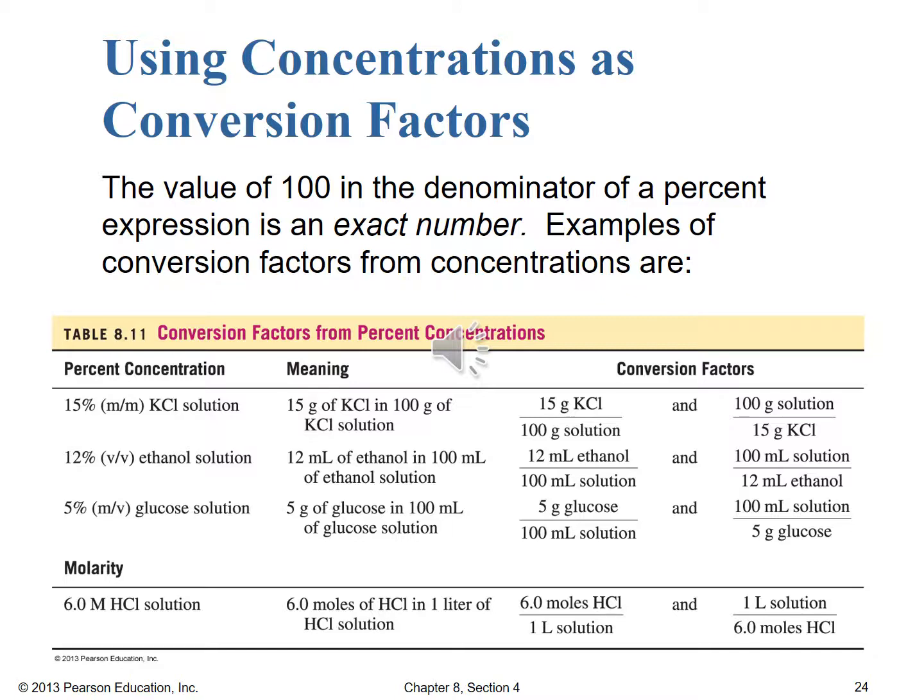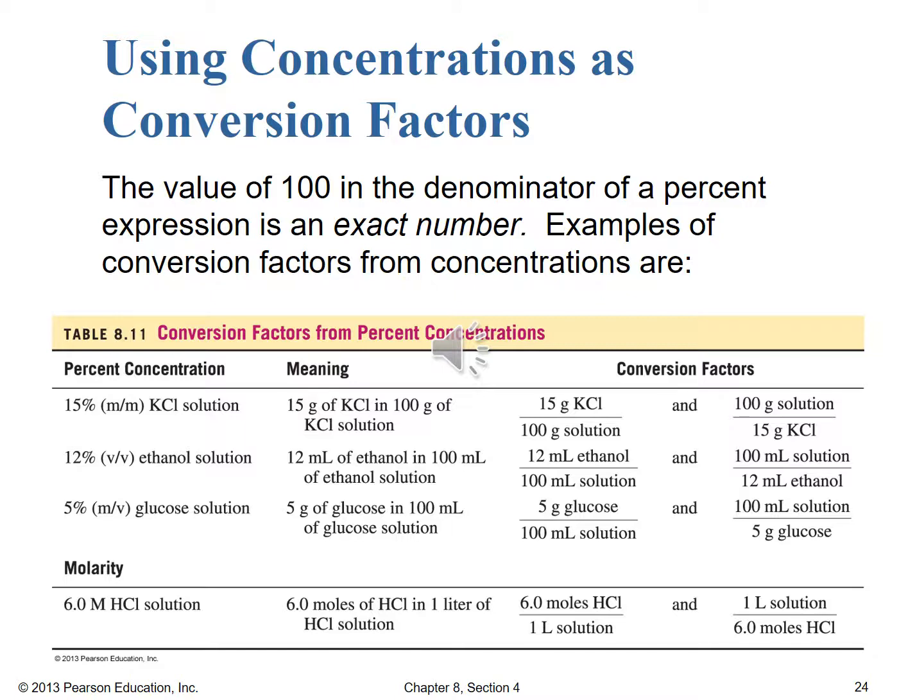So if we look at these different possibilities for conversion factors in table 8.11, we've got a 15% mass percent KCl solution. We could say that's 15 grams of KCl per 100 grams of solution, or 100 grams of solution per 15 grams of KCl. Again, the 100 for the grams of solution is an exact number, but the 15 grams would be our sig fig limiter at 2 sig figs.